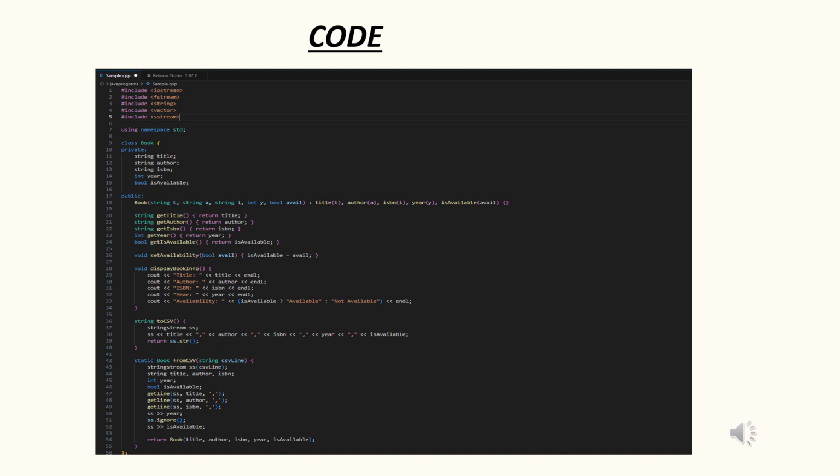This C++ program implements a library management system that allows users to manage books in a library. It provides functionality to add books, display books, search for a book by title, borrow and return books, and it saves and retrieves book records from a CSV file.